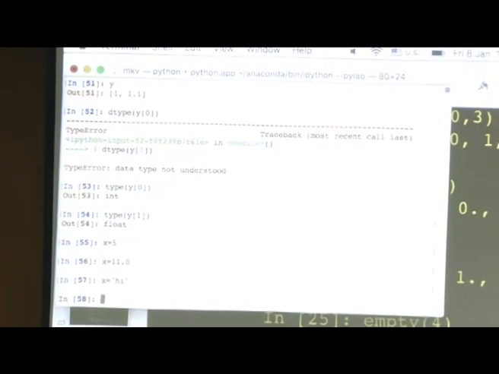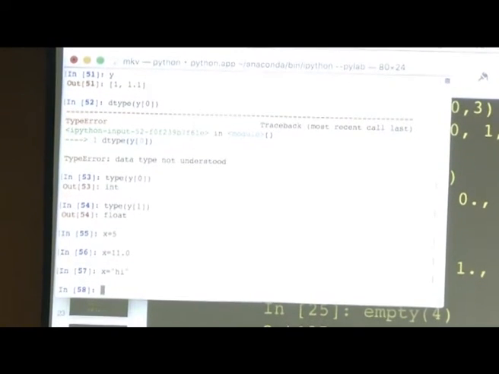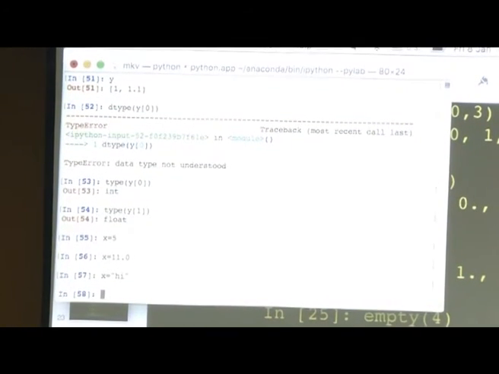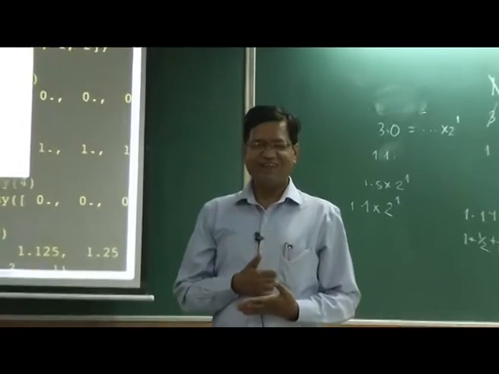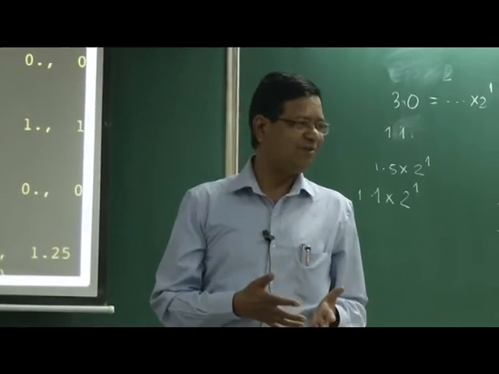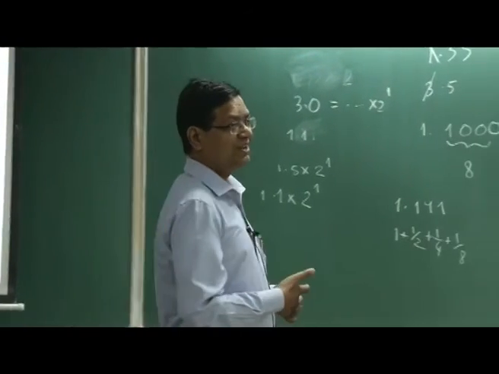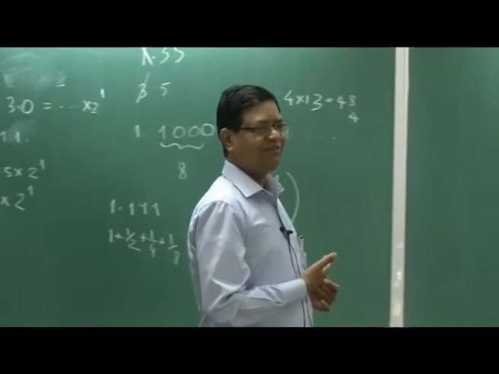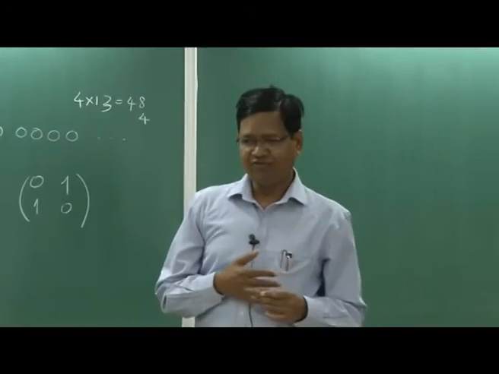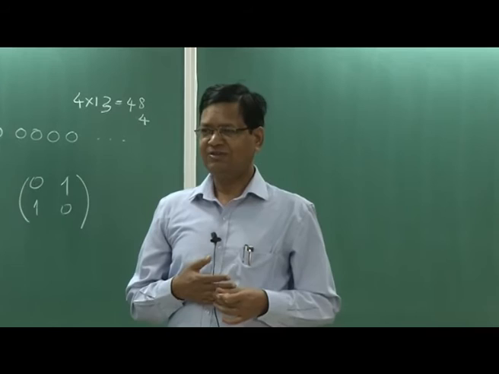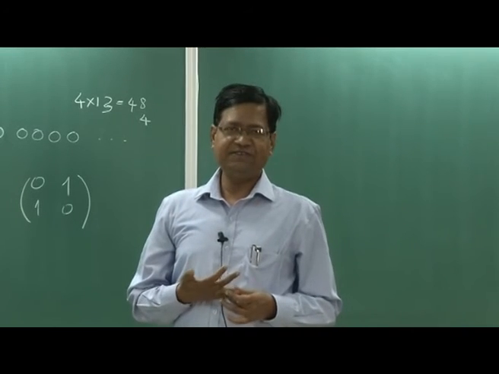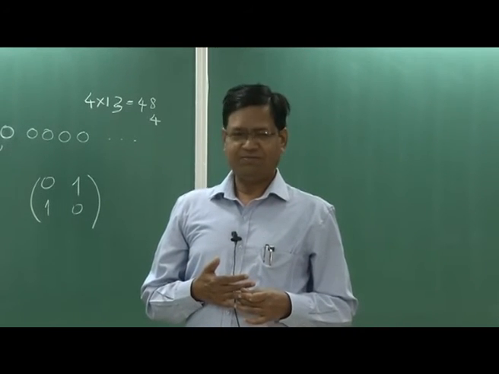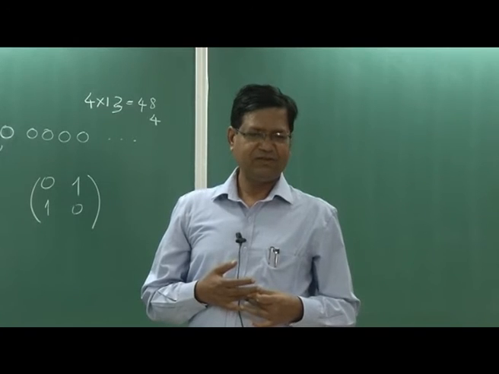So, it is not strict typing. That is why it is easy to program, you do not need to worry about types, but it is also inefficient and prone to errors. Some variable you thought was 5, but somewhere you made it 11.0 or a string. So, you need to be careful. Strict typing is very useful for large codes, for efficiency and for avoiding errors.